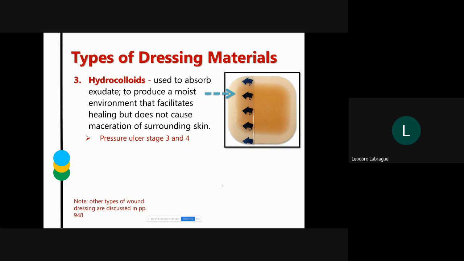It absorbs exudates. That's why this is very, very effective for pressure ulcer at stages 3 and 4. Again, this is very effective to absorb exudates and it facilitates healing, particularly for stage 3 and 4 pressure ulcer.